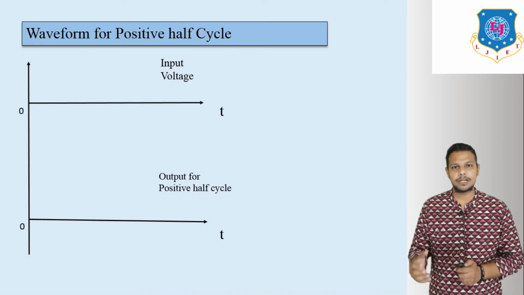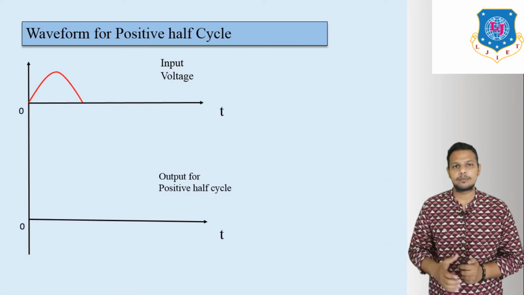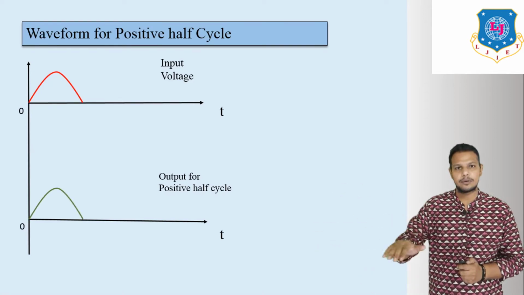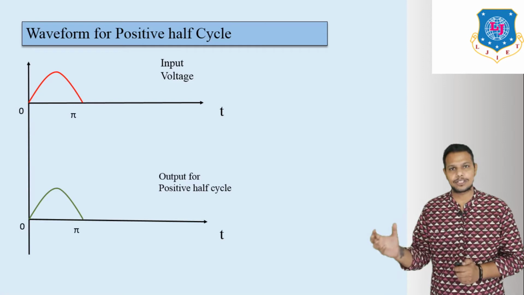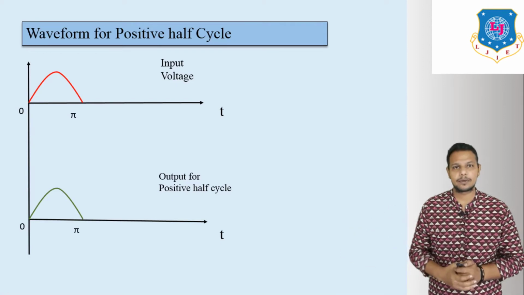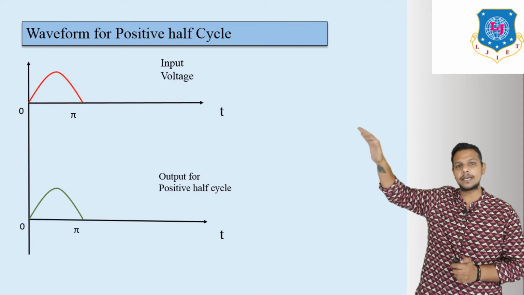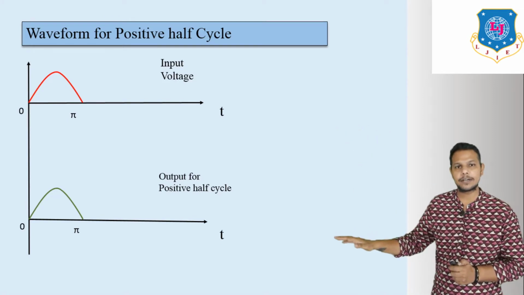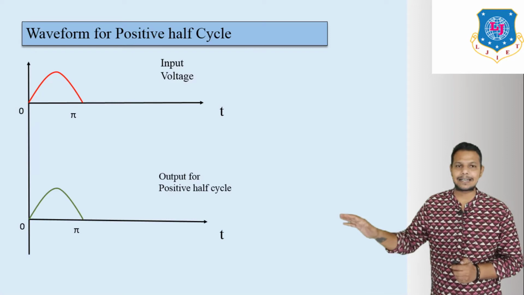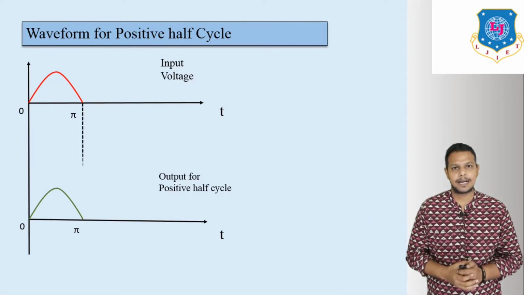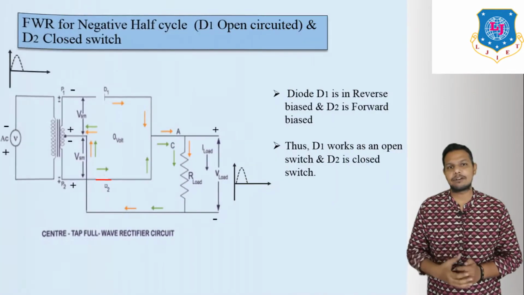If here we apply positive waveform, then we will get positive waveform at the output side. So this is 0 to pi. First, in red color is indicated the input voltage, and here in green color is indicated the output for the positive half cycle.